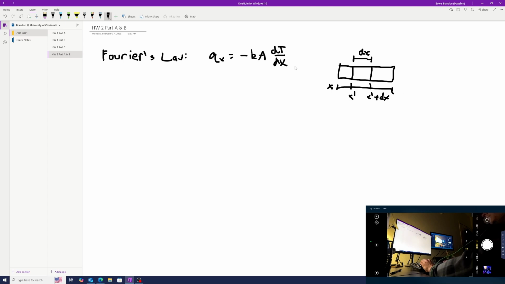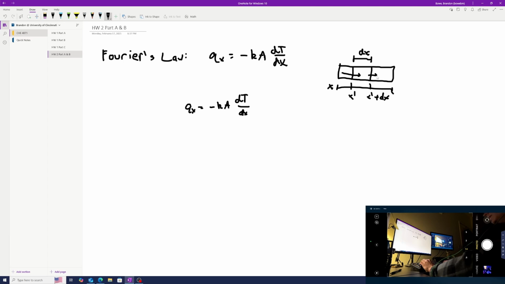So to represent the energy coming into our section from the section to the left, we will use Fourier's law once again. So that will be our Qx is just equal to negative K, thermal constant, times our area, a change in temperature, and our change in position.